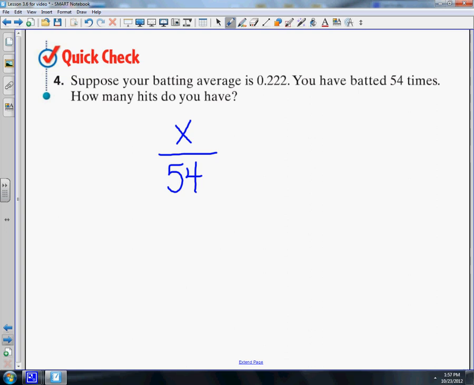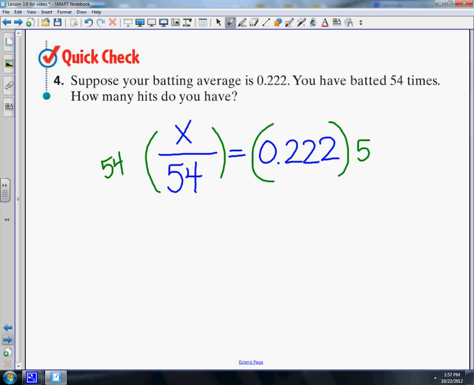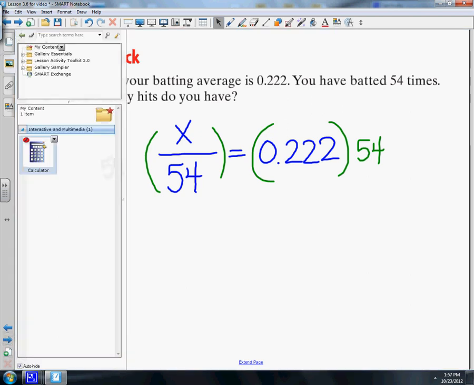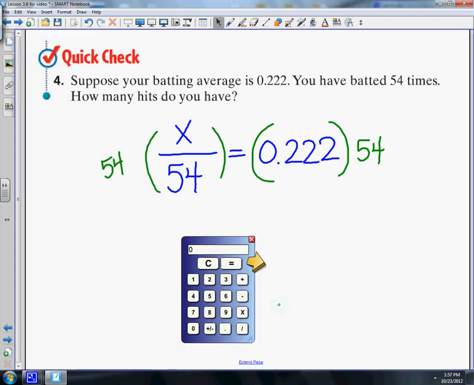So let's say you have 10 hits out of 54 at-bats. That would give you a decimal, your batting average. So I'm going to multiply both sides by 54, and that will tell me how many actual times I hit the ball.